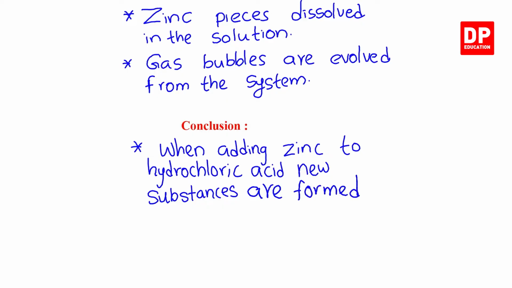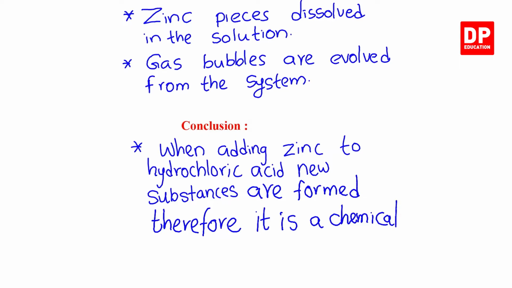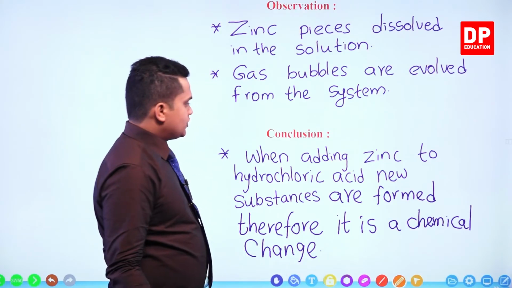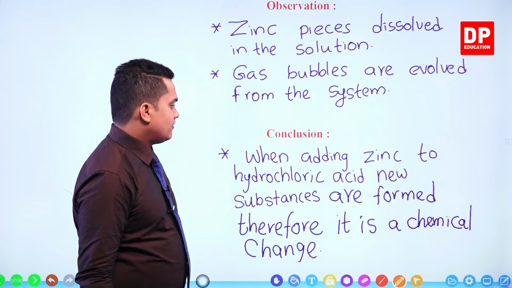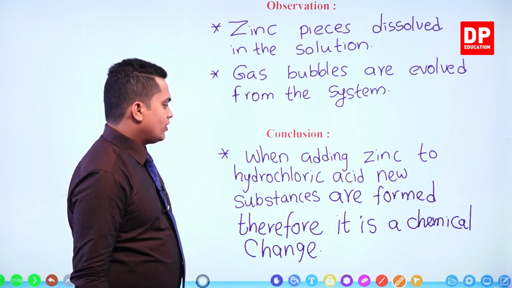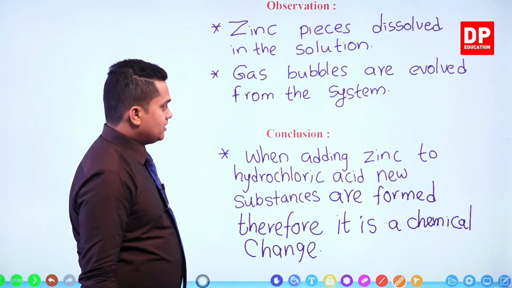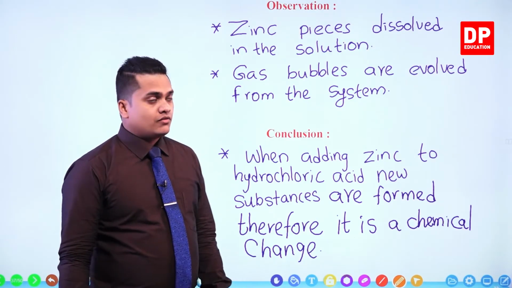Therefore, it is a chemical reaction, or else we can say a chemical change. So when adding zinc to hydrochloric acid, new substances are formed. Therefore, it is a chemical change. This is the final conclusion that we can take from the experiment.